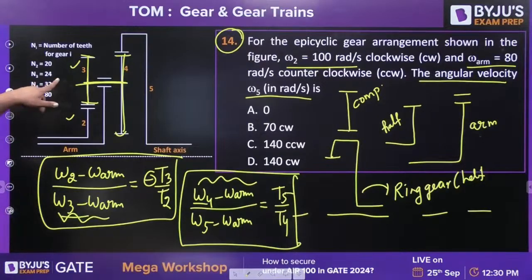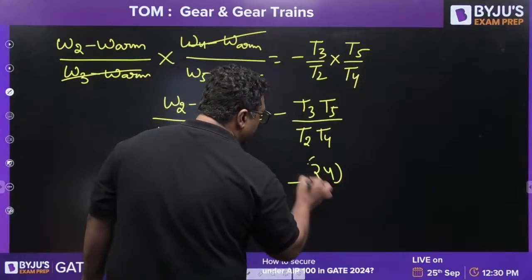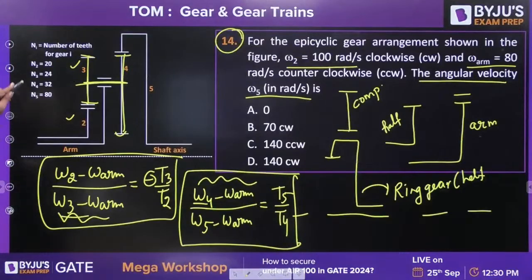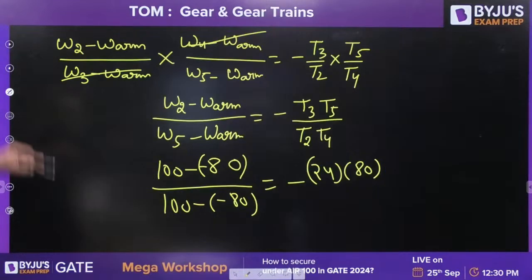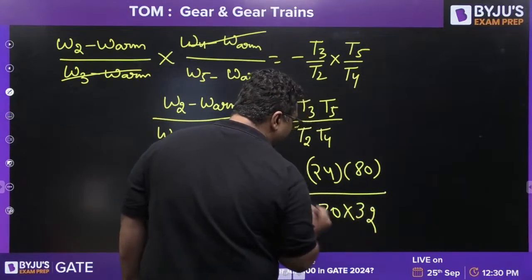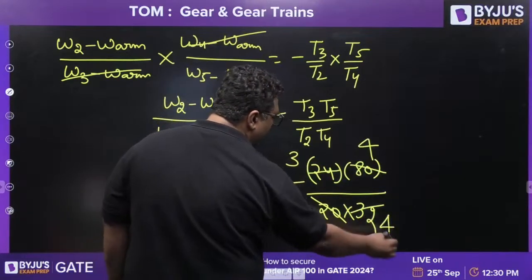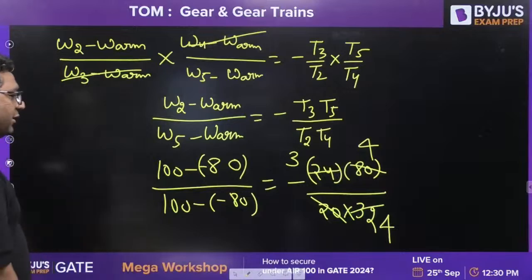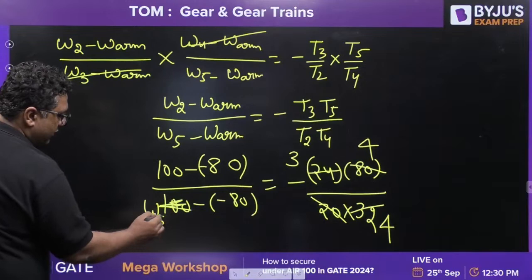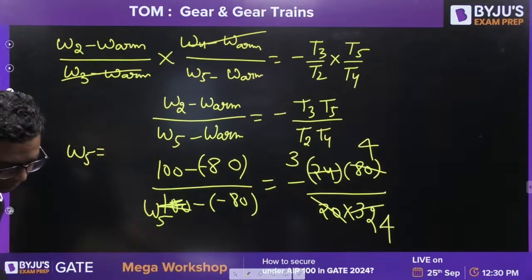They have given T3 and T5 as 24 and 80, and T2 and T4 as 20 and 32. 20 will give us 4 here. 8 threes are 24, 8 fours are 32. So the answer is coming out to be, sorry, this is omega 5. So omega 5 will be, I feel, minus 140.